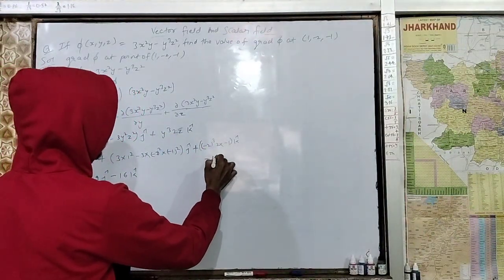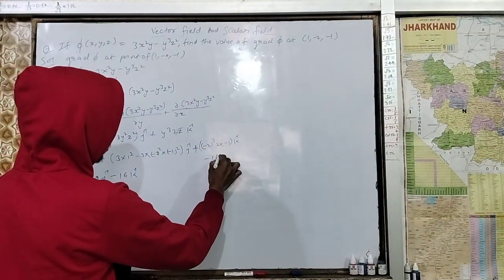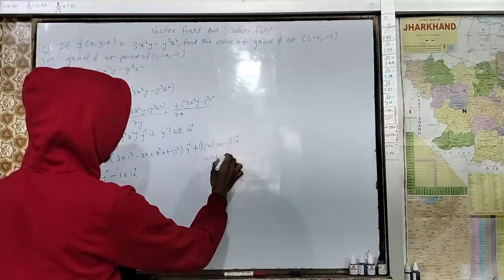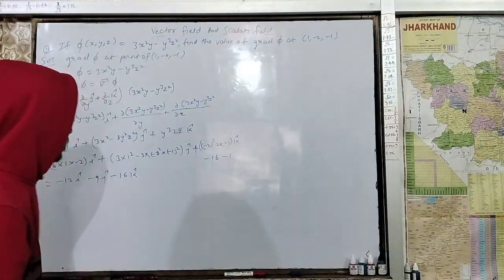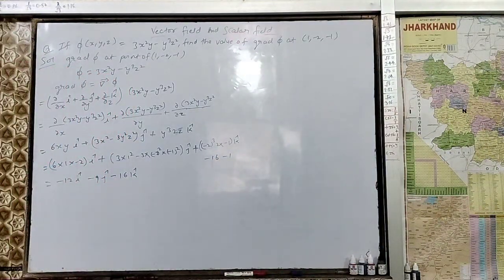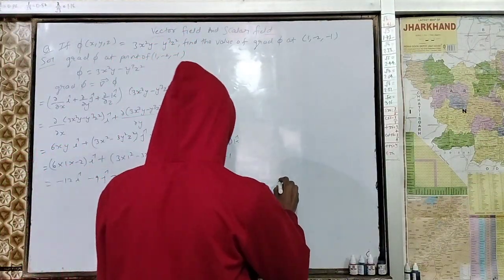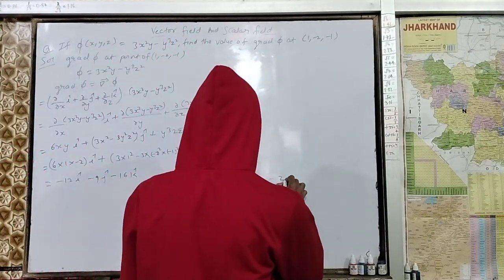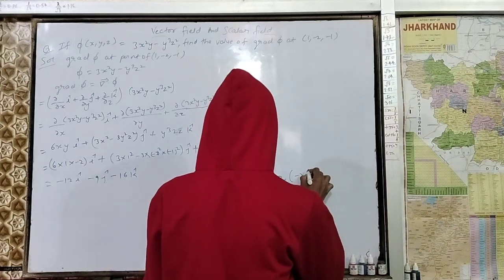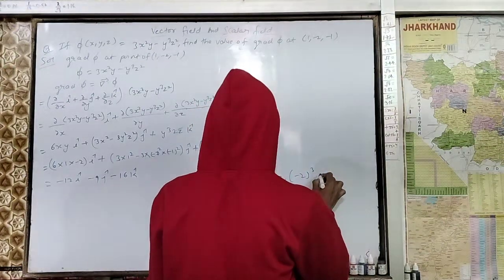So minus 16 and minus 1 will be minus 70. Minus 2 raised to power 3 minus 1.